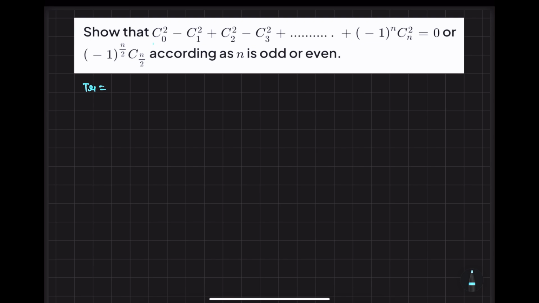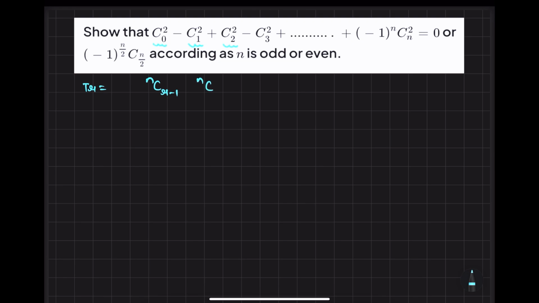So if you observe, the first term has lower subscript 0, the second term has lower subscript 1, the third term has lower subscript 2. So whatever term I am trying to quote, we are getting lower subscript 1 less than that, correct? So can I say that in the rth term we will have lower subscript r minus 1, and it's a square.